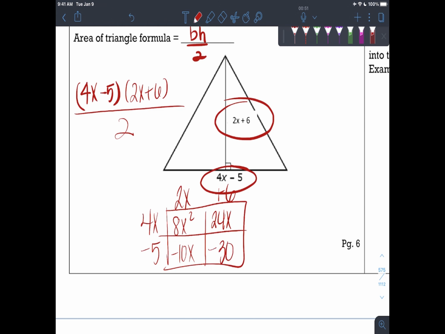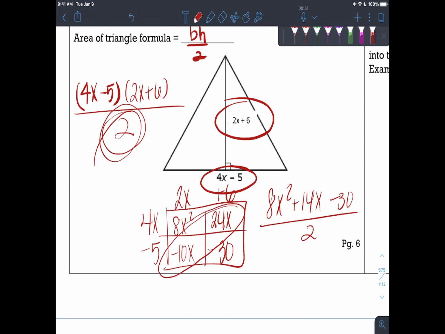And I end up with 8x squared plus 14x minus 30, all divided by 2, right? Because we've got to carry that down. However, whenever I look at this, I notice these are all even. So I'm going to work out that division. And I get my final answer. This is what the area of that triangle would be.